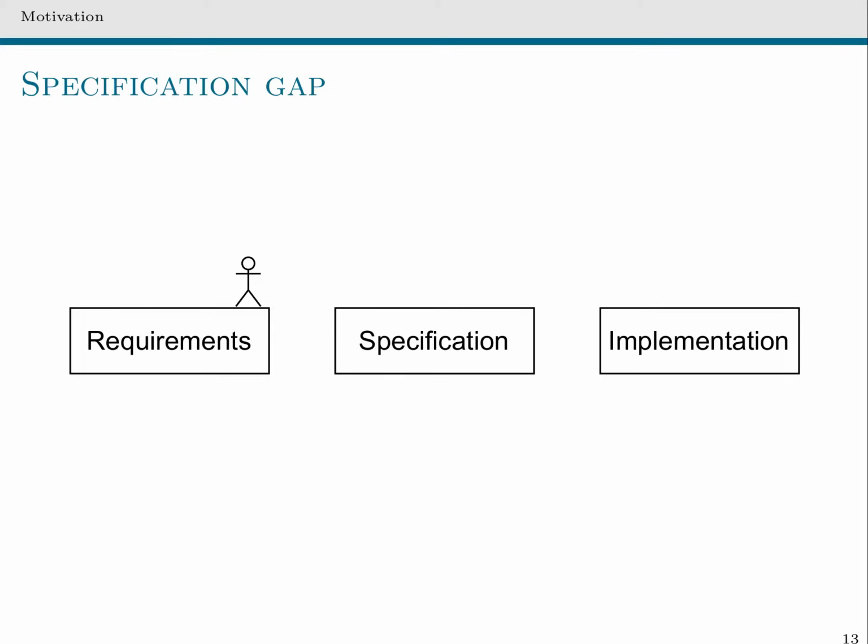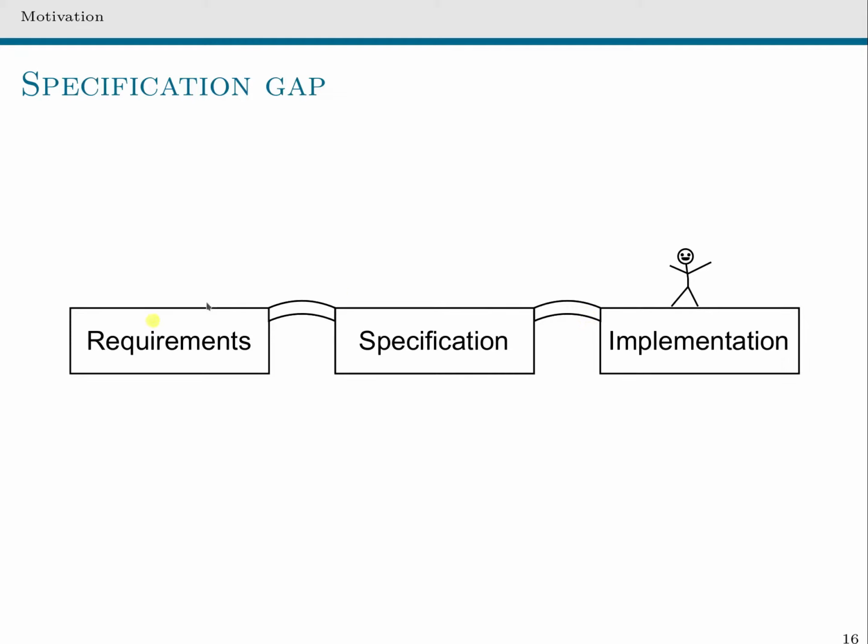What we need is a strong foundation of the specification, which is the result of the robotic system modeling phase. But when we introduce it, in fact, we introduce another two gaps. We call them specification gaps. So what we need in fact is to build appropriate bridges between requirements and specification and implementation.